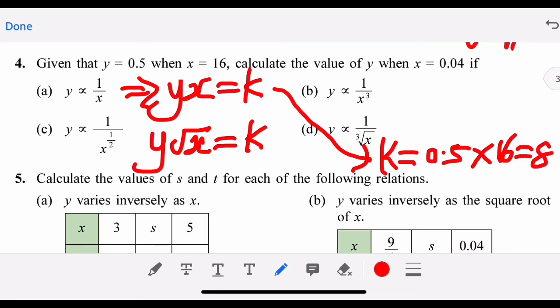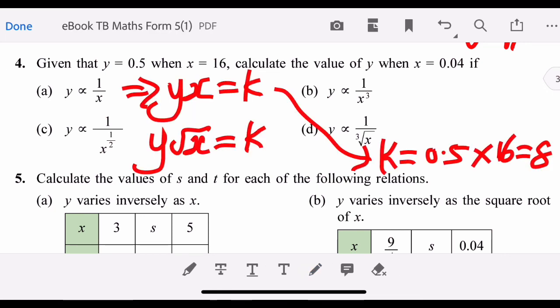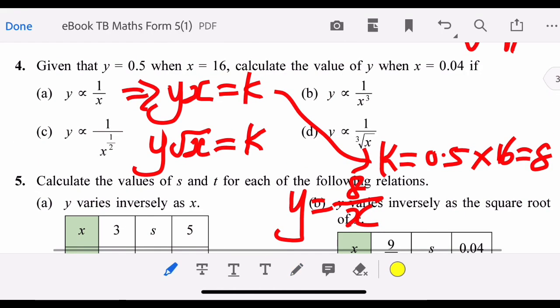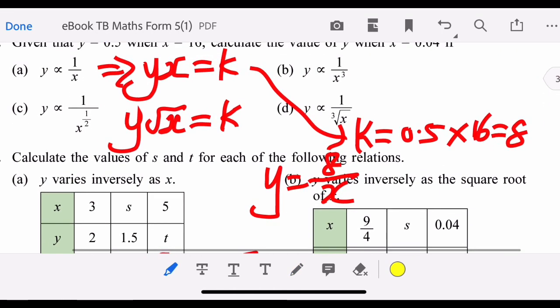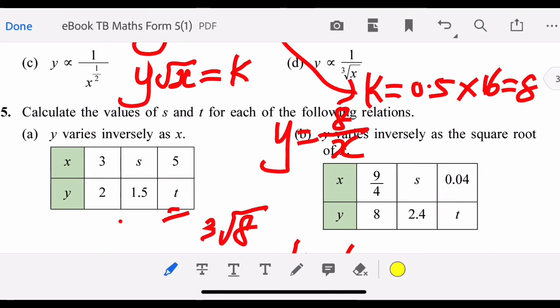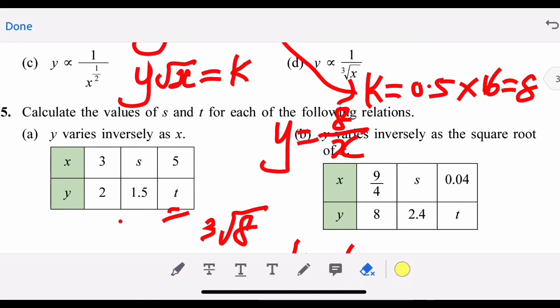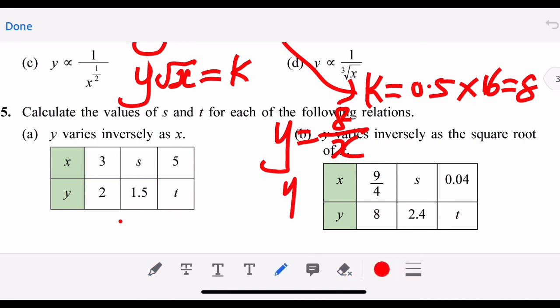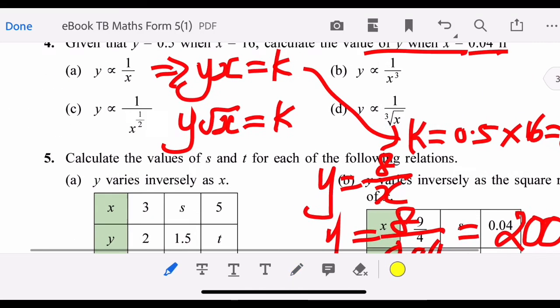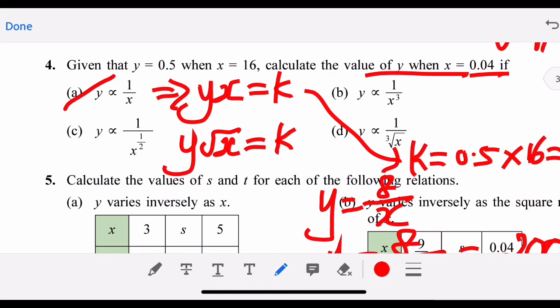So after I got my k, I can say that y is 8 over x. And then I can find the value of y when x is 0.04. So I substitute x equal to 0.04. 8 over 0.04. So the answer is 200, right? So that's how you solve it for number 4A.